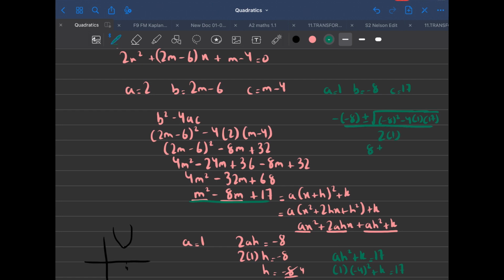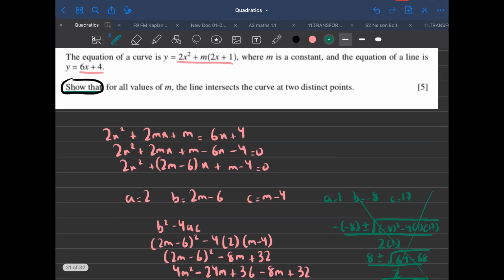So it's going to be 8 plus minus 64 minus 4 into 17 is what? 68. And they got minus 4 upon 2. And then they panicked. Okay, it's not possible. So please, you don't have to do this. You don't have to find the value. It says show that. Got this?